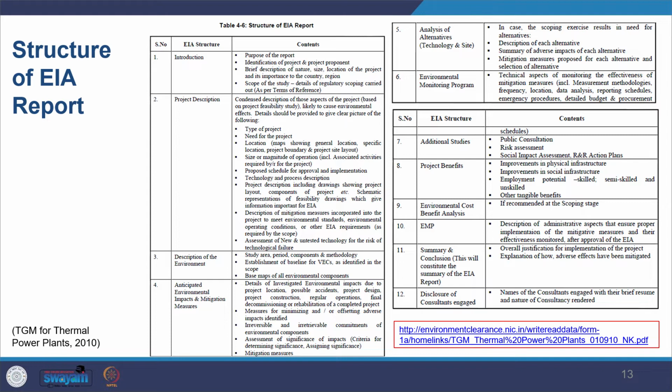And I have again snipped another EIA report structure from the sectoral guidance, this is from the thermal power plant guidelines, which have been prepared again by the ministry. So here you see how they give different components, and these are aligned with thermal power plants.